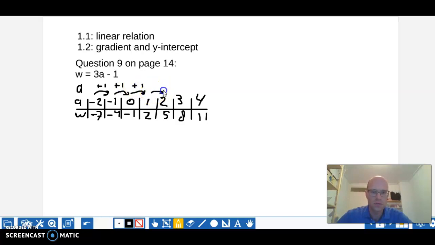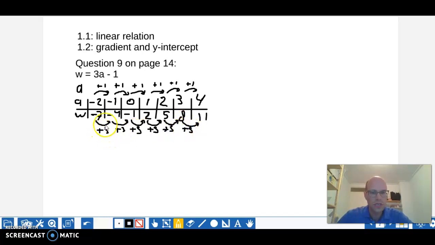If you then have the same increase over here, if we go from minus 7 to minus 4, you add 3, and the same over here, plus 3, and plus 3, and then again plus 3.